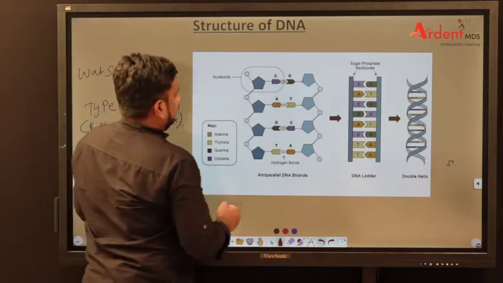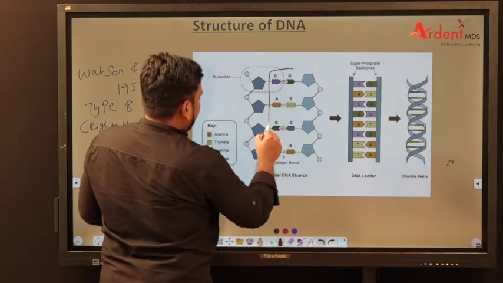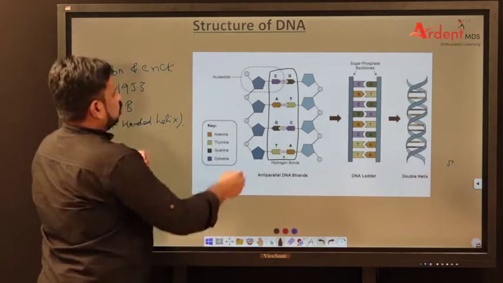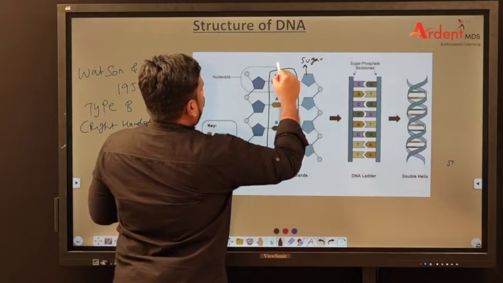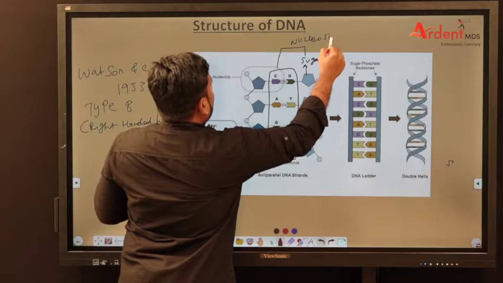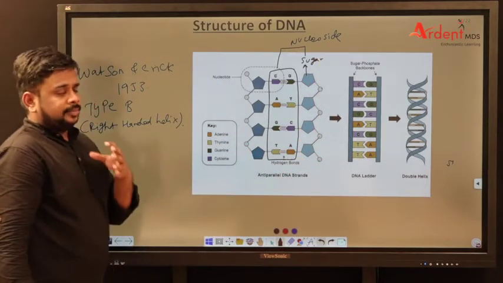As we studied in the previous slide, this is called the nitrogen base. The nitrogen base joins together with the sugar to form a nucleoside. The nucleoside with the phosphoric acid makes a nucleotide.